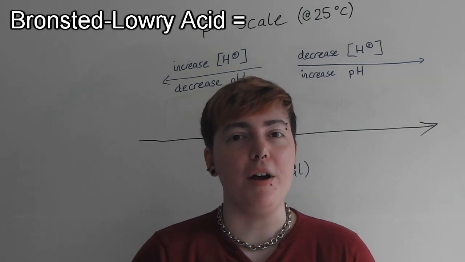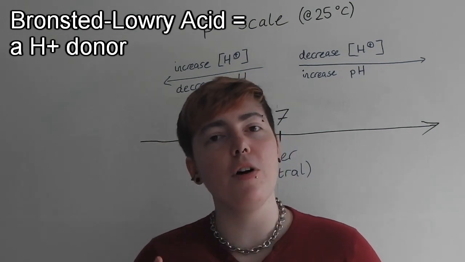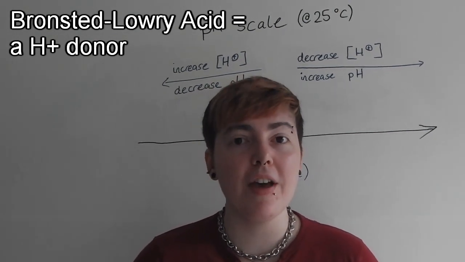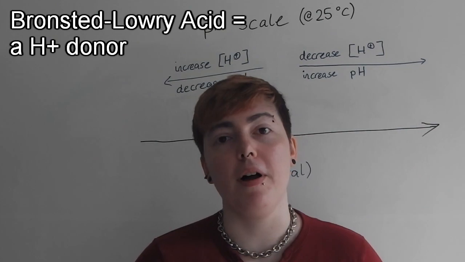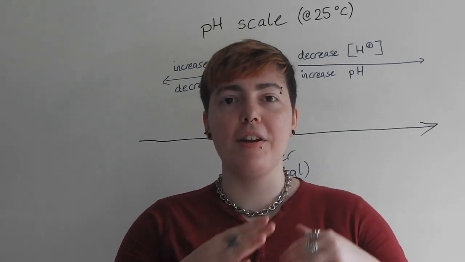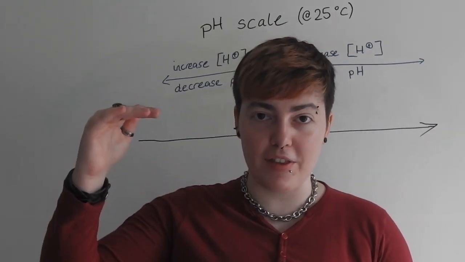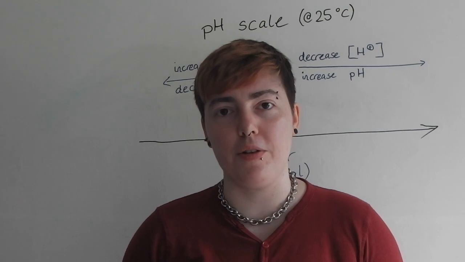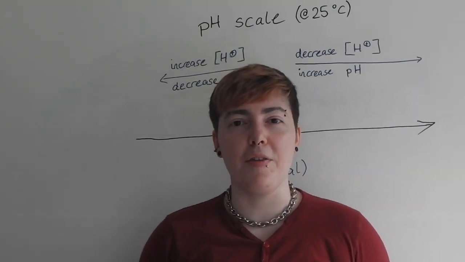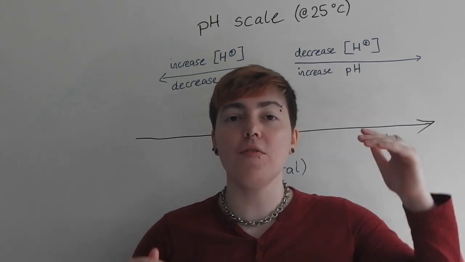An acid, by the Bronsted-Lowry definition, is a proton donor, and the better of a proton donor a molecule is, the better an acid it is, or the stronger an acid it is. So if we think about an acid in water, the acid can actually give up its proton to solution, therefore increasing the concentration of protons in solution. So it's important to realise that the concentration of protons in solution and pH are actually inversely proportional.